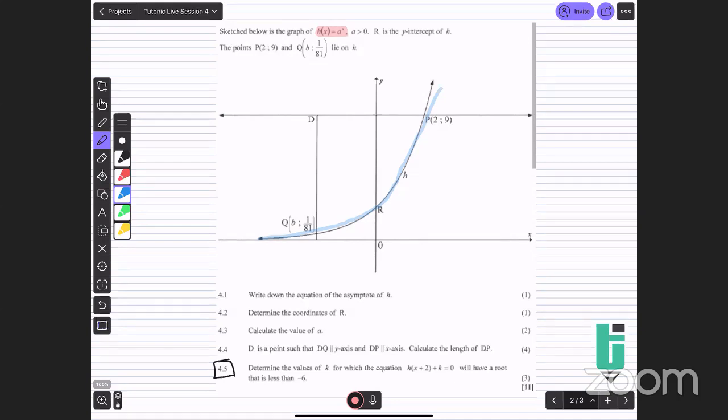It's a to the power of x, so that x is an exponent. Sorry, an asymptote. What do you mean it's an asymptote?